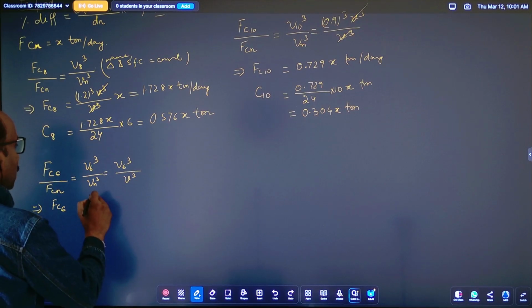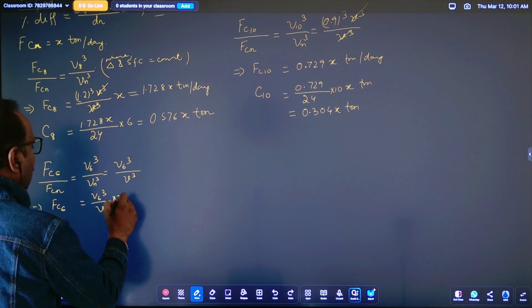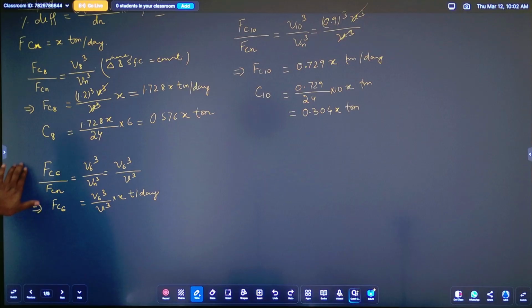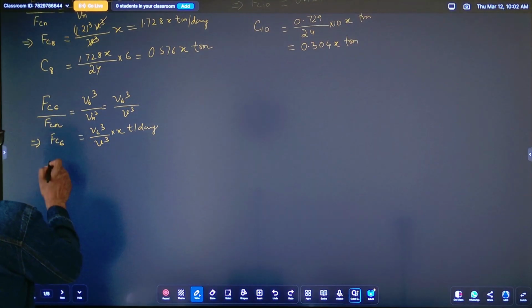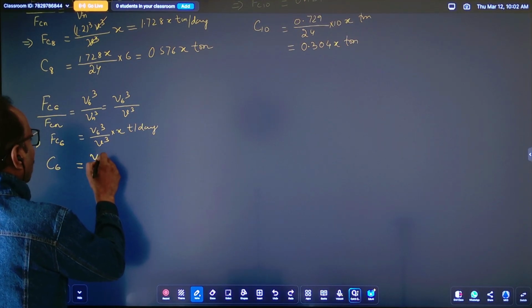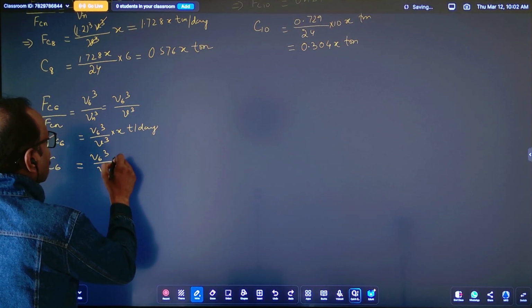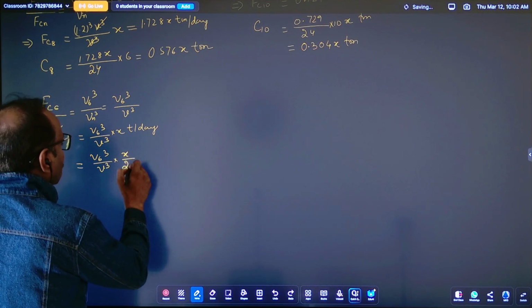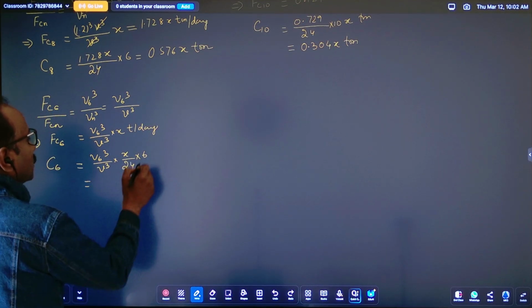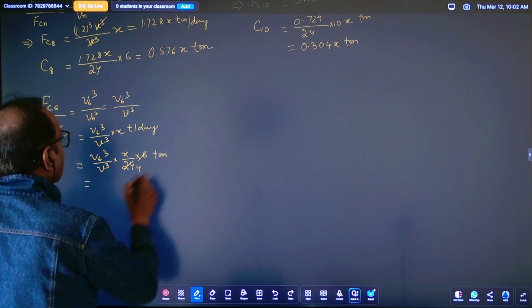FC6 is your V6 cube by V cube into X10 per day. So C6 will be, this is per hour into 6, this is 10.